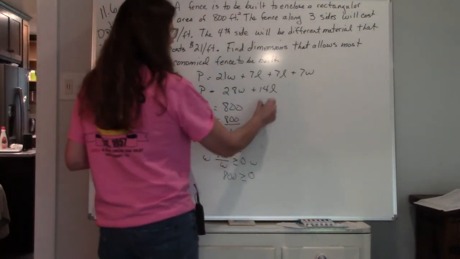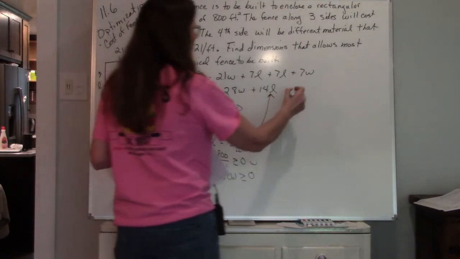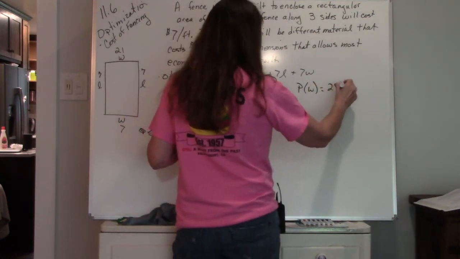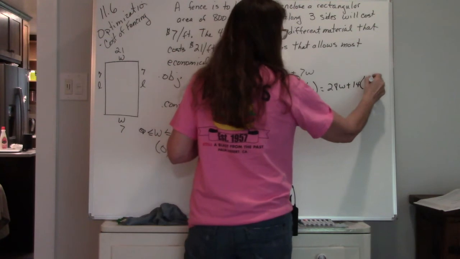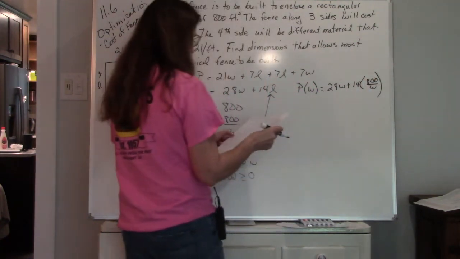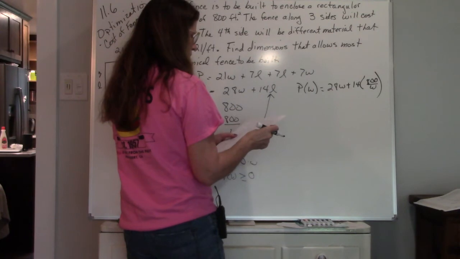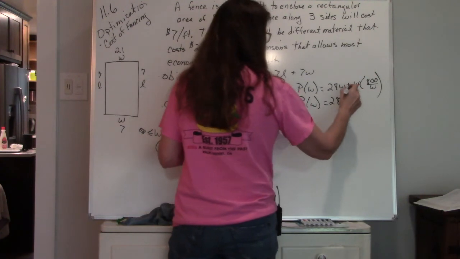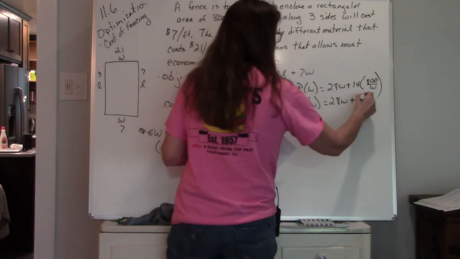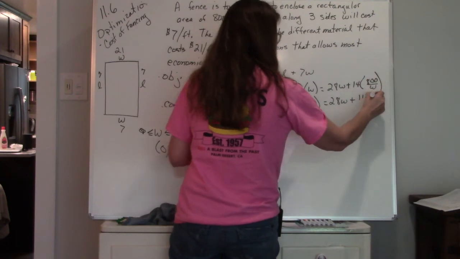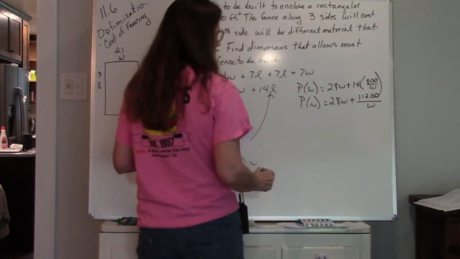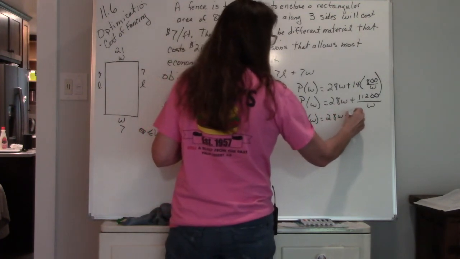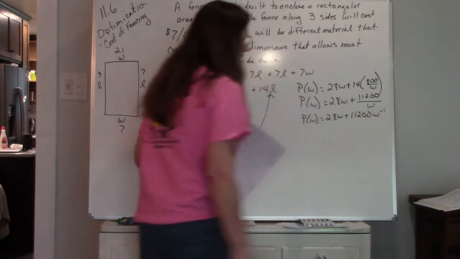Now we're going to plug our constraint into our objective function, and this is going to be written in terms of W. So we have 28W plus 14 times 800 over W, and we get P of W equals 28W plus 14 times 800 is 11,200 divided by W, or our objective is 28W plus 11,200 W to the negative 1.